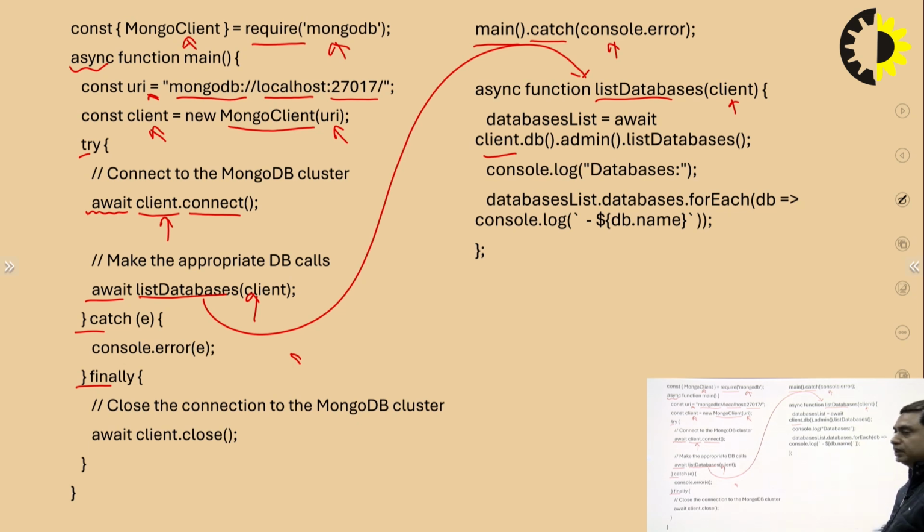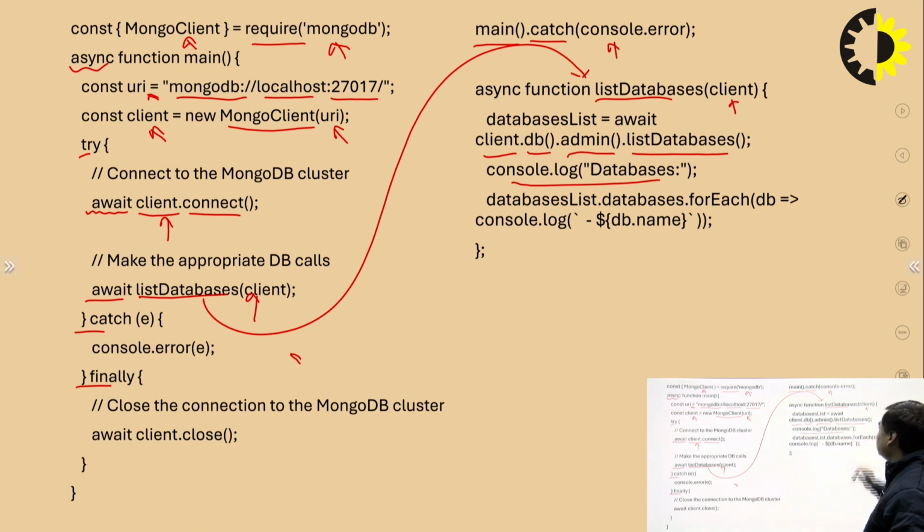So this code is written. So we have written client, db is a predefined function, admin is a predefined function. So under admin, how many databases are there, it will display. So it will take first the number of databases, list databases, then it will display a message databases.